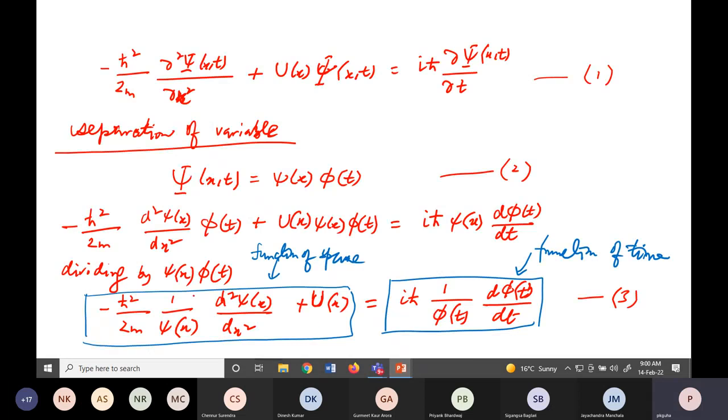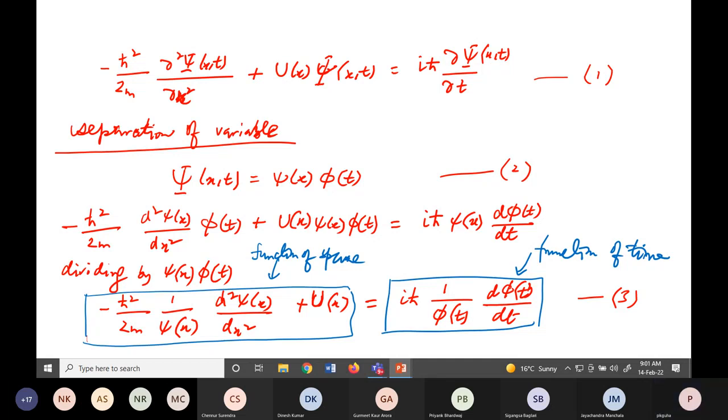Because only the space term is there on one side and only the time term on the other, this equality can only be valid if they are equal to a constant.